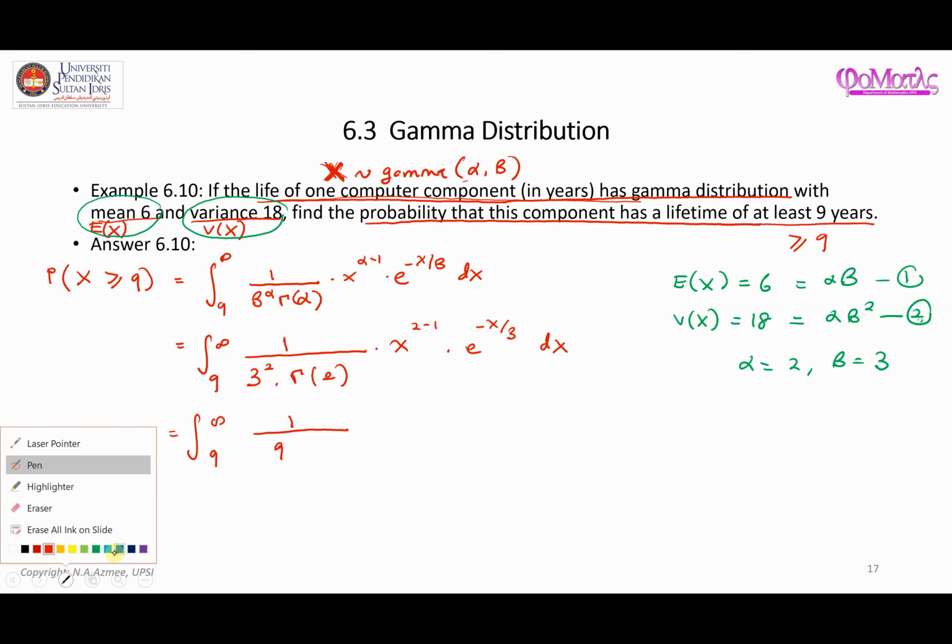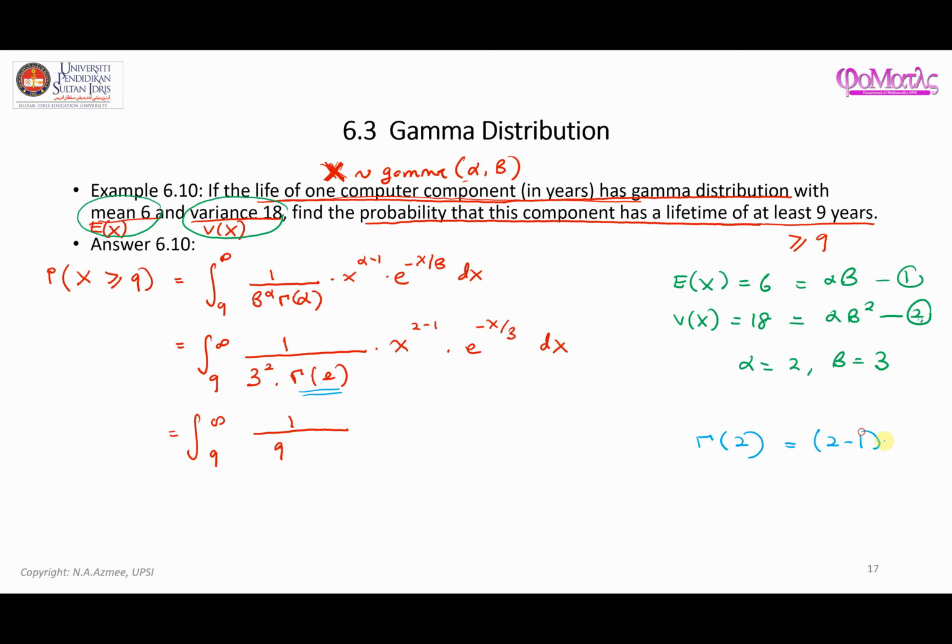And what happens to gamma of 2? We have learned the property of the gamma function: finding gamma of 2 is the same thing as finding 2 minus 1 factorial, and that's just 1 factorial, which is equal to 1. So we don't need to write that anymore.